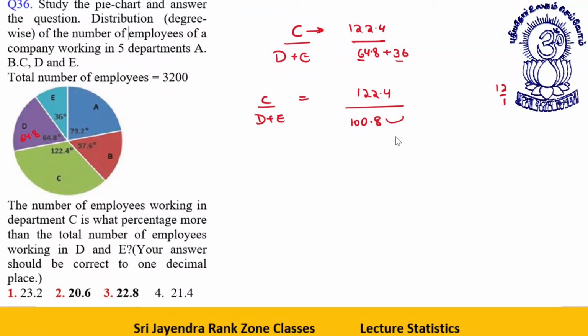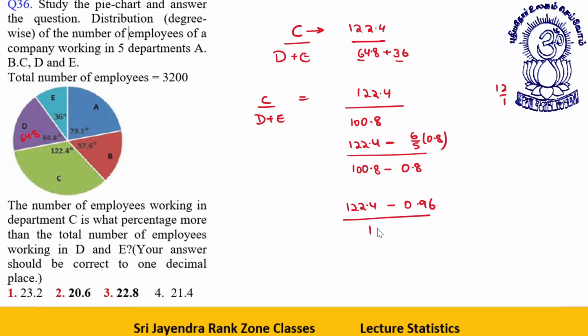That is the logic. Now what I'll do, 100.8 minus, I do 0.8. So this is 122.4 minus 6 by 5 of 0.8. So this is like 122.4 minus 0.96, since 6 into 0.16 is 0.96. Now this will give you the most precise answer.